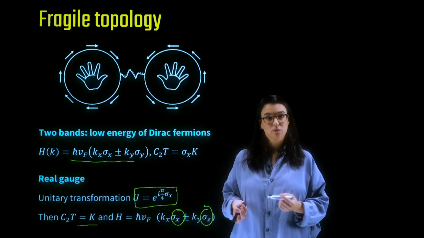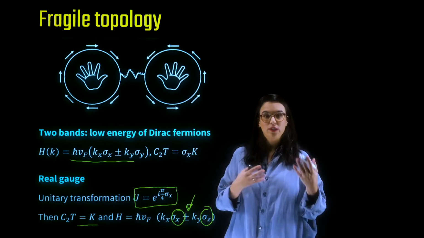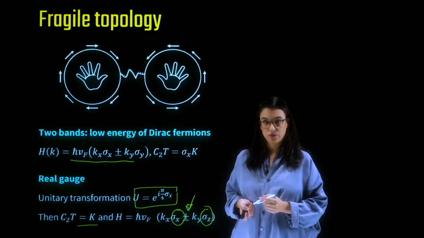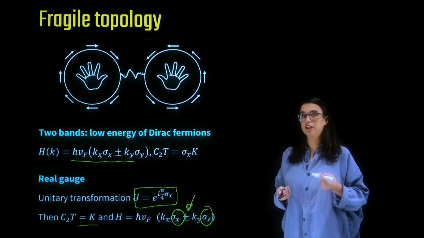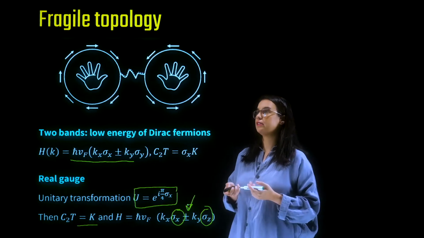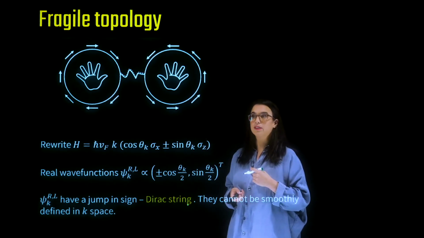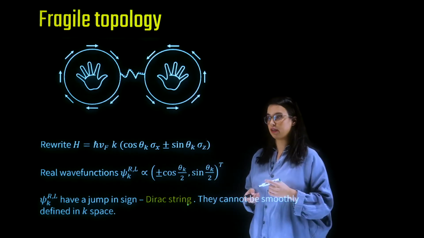That means that it's completely real. The sign here is going to determine what is the actual chirality of the Dirac point. In single layer graphene, we know that they will have opposite chiralities, but in twisted bilayer graphene they will have the same chirality.